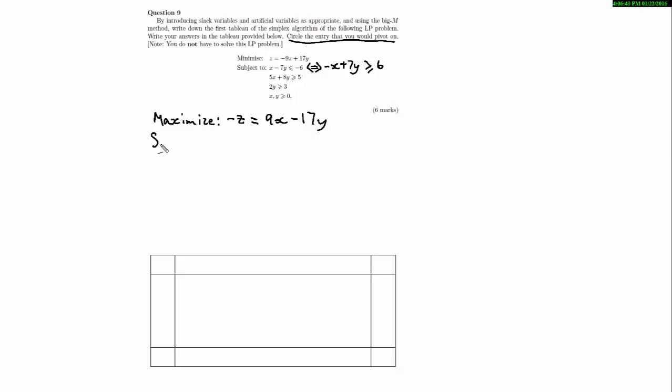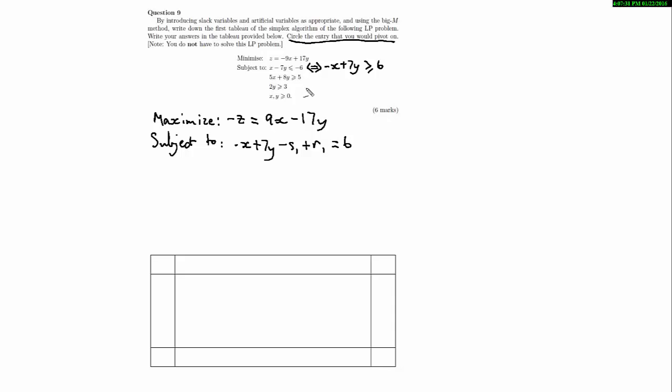Okay, so now let's rewrite these constraints that we're given. Now the first constraint up here can be rewritten as minus x plus 7y, and now we introduce the first slack variable, which is s1, and give it a -1 for its coefficient, and then we add the first artificial variable, r1, and that equals 6.